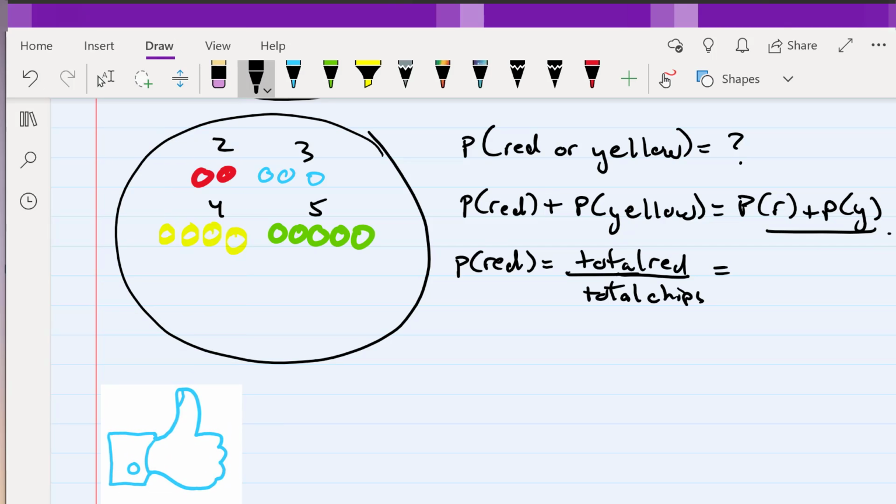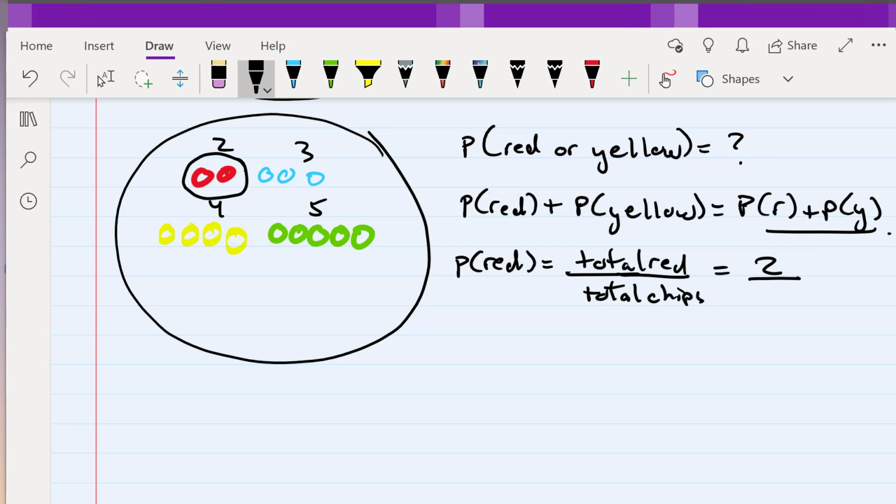So the probability of choosing a red, while there's 2 red, all over, what's the total number of chips? Well, 2 plus 3, 5 plus 4 is 9, plus 5 is 14. So there's going to be 2 over 14.